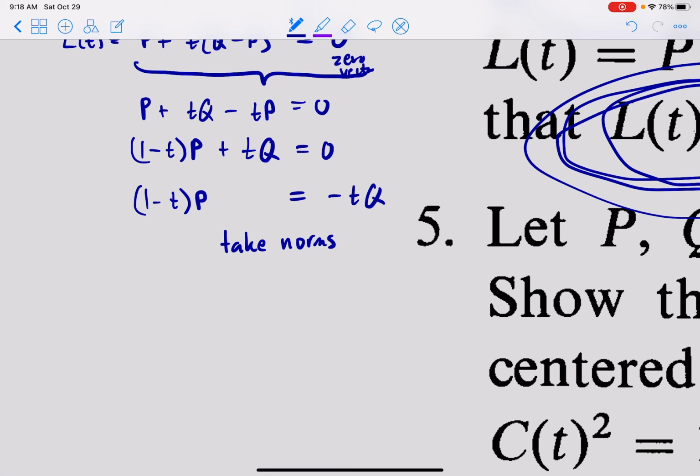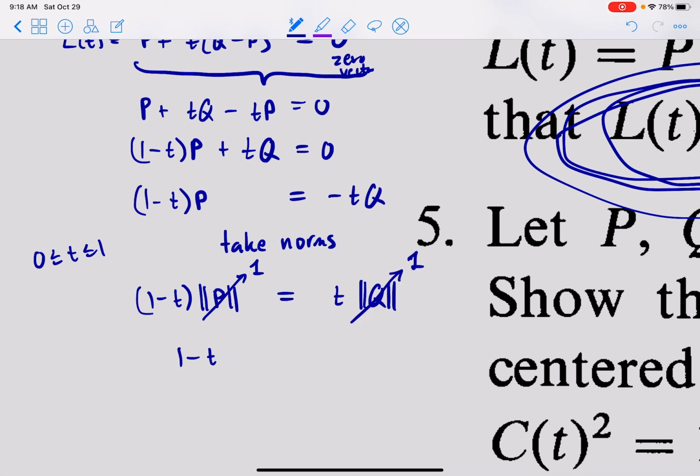So taking norms, we get the absolute value of 1 - t, which, remember, t is between 0 and 1, so 1 - t is also between 0 and 1. We don't even need the absolute value, times the length of p, which is 1, equals the absolute value of -t, again t is positive, so that would just be t, times the length of q, and that is 1.